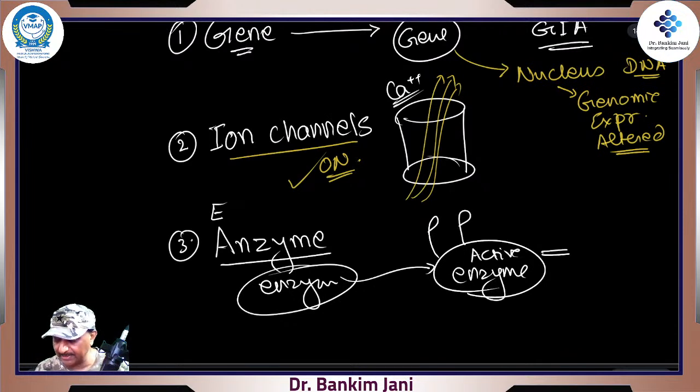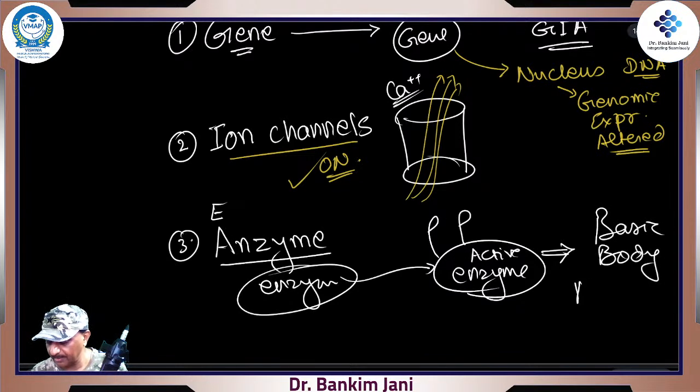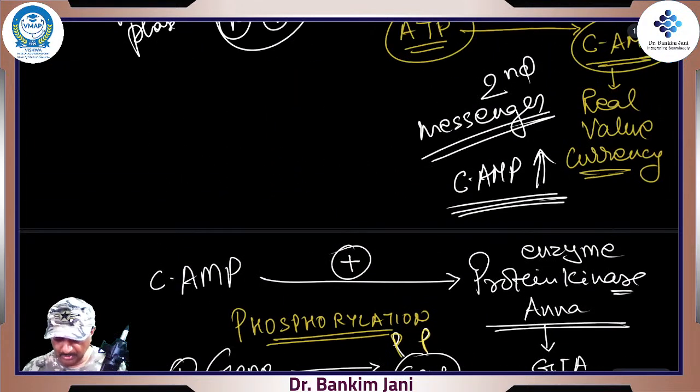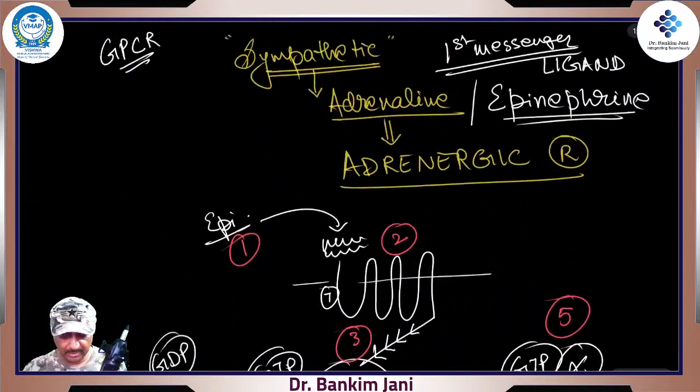And when the enzyme is active, it will make major changes in the basic body metabolism. So that would start increasing. This metabolism can increase the heart rate, it can increase temperature, all sorts of things. But the whole idea is how the whole process really worked.